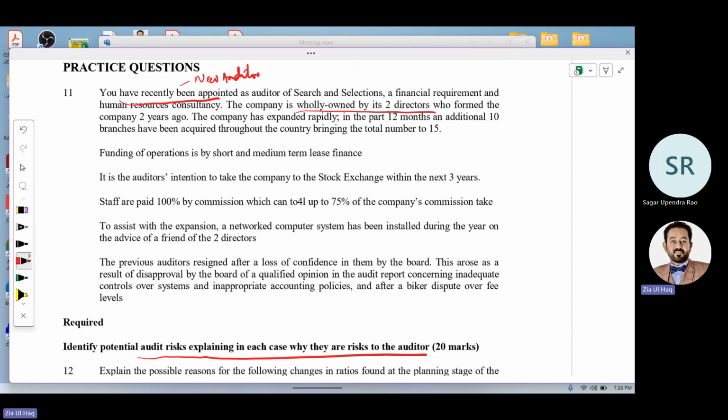Who formed the company 2 years ago? There is another issue: newly formed companies. There is a history about newly formed startup businesses. More than 70% of startup businesses fail in their initial 2 to 3 years. This is the research regarding startups, meaning newly formed companies.